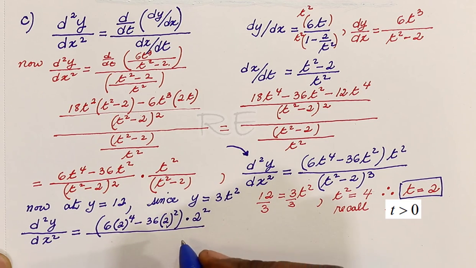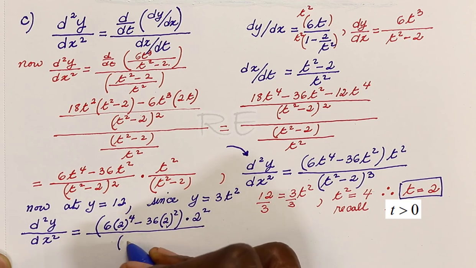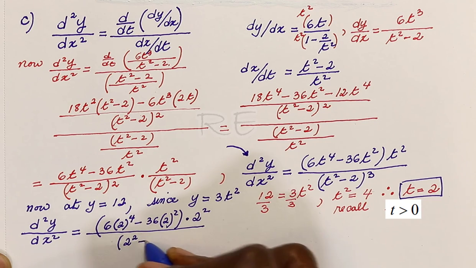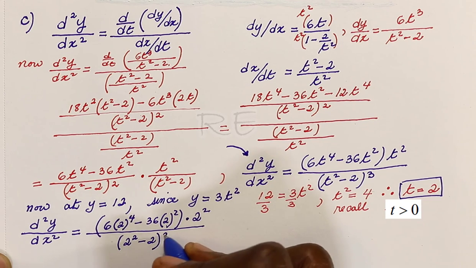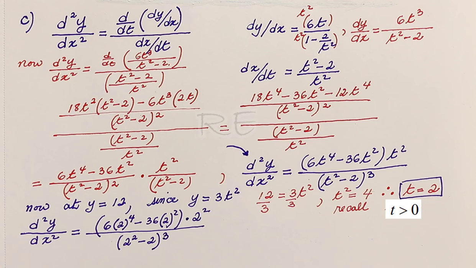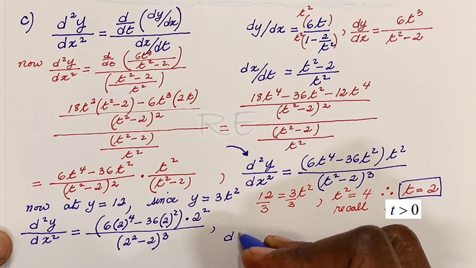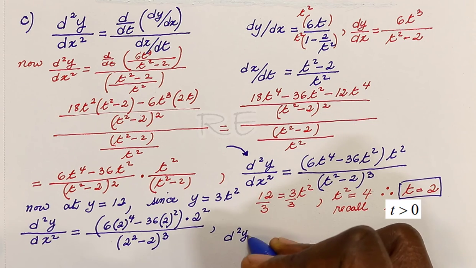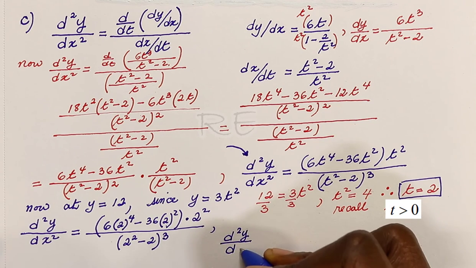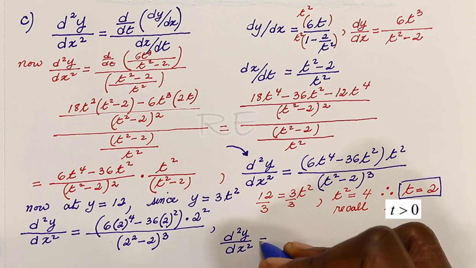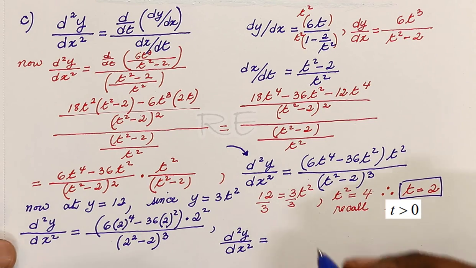The whole thing is divided by, open parenthesis, 2 to the second minus 2, close parenthesis, to the third. We're going to solve this. At this point, this can be solved with your calculator, but we'll do it manually.